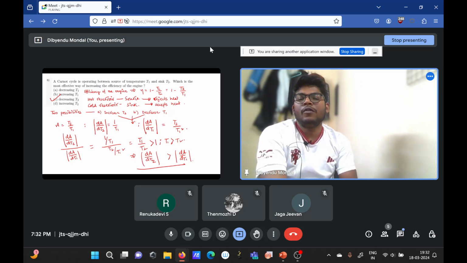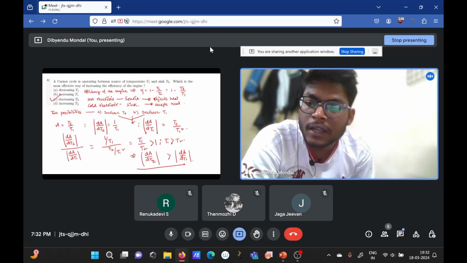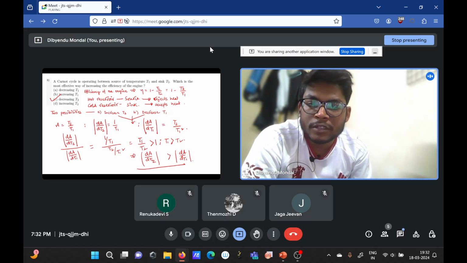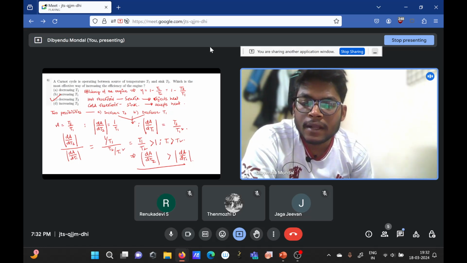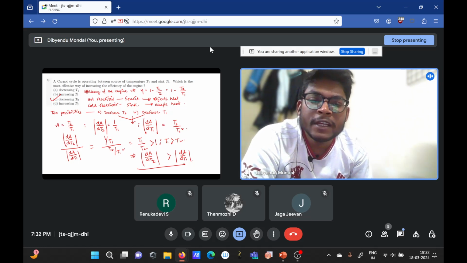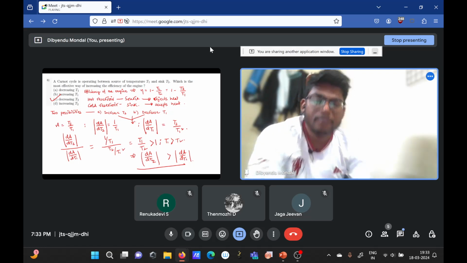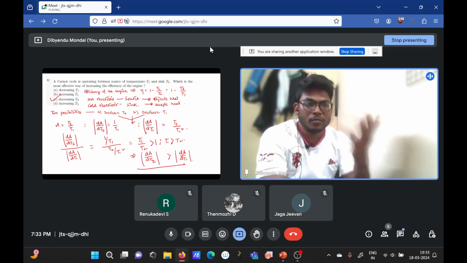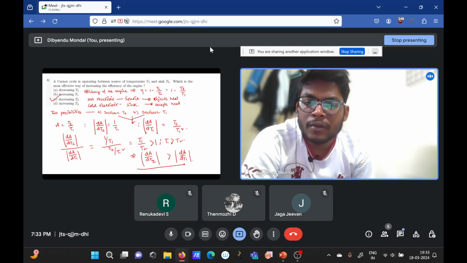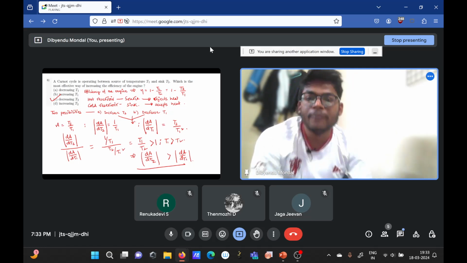So we got this expression T2 by T1, and we differentiated with respect to T2 first, which gives 1 by T1, and with respect to T1, T2 by T1 squared. We took the modulus, because if we increase T1 the efficiency change will be in reverse. So if we decrease the sink temperature, the efficiency will be higher.